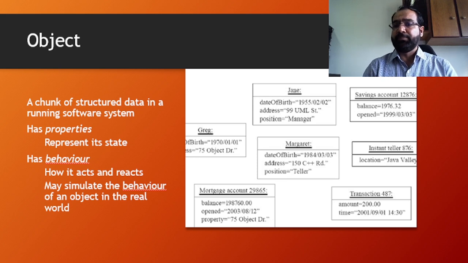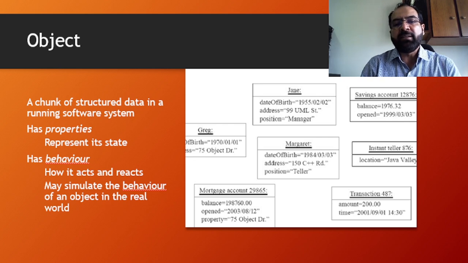You can see the information regarding account, saving account. There is information regarding transactions. All these are basically objects, and whenever we talk about an object, it means that it has certain properties, and normally those properties are represented in terms of attributes. And when we talk about a state, yes, an object has a particular state.